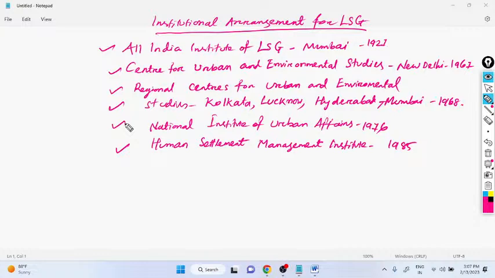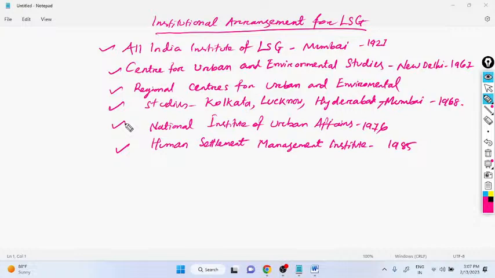These are the major institutional arrangement for municipal administration in India. We'll find a lot of things in this institute.